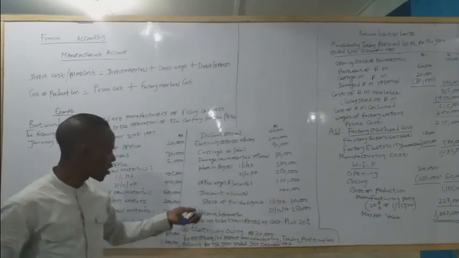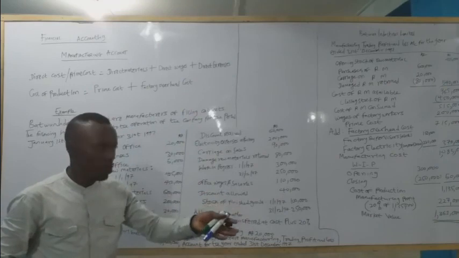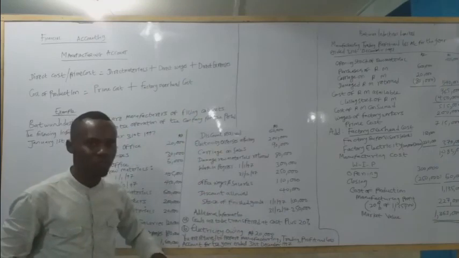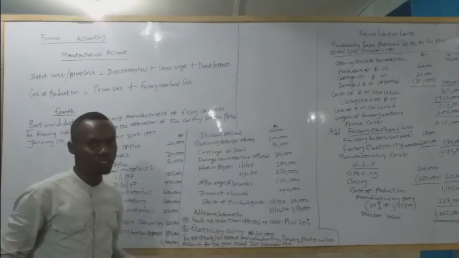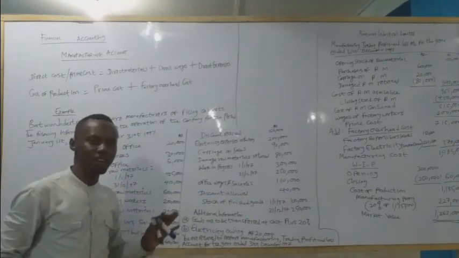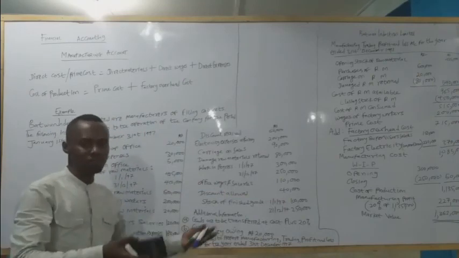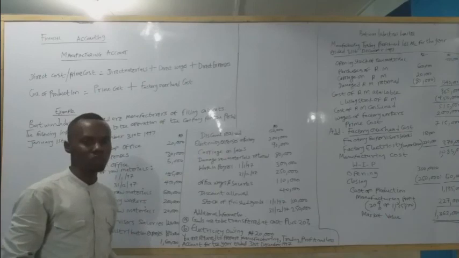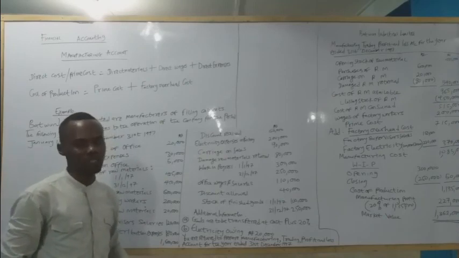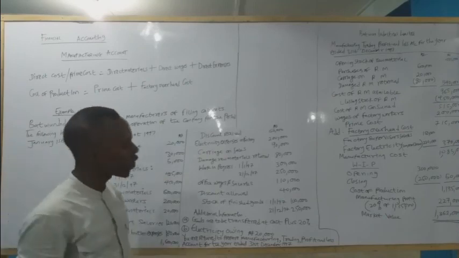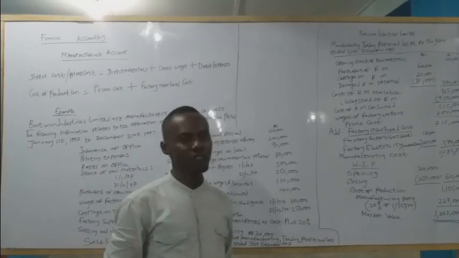So using the opening stock, add the manufacturing value in place of the purchases. Then if there is any carriage, we add. Then we go on about our trading profit and loss account. So that is all about the manufacturing account. Thank you.